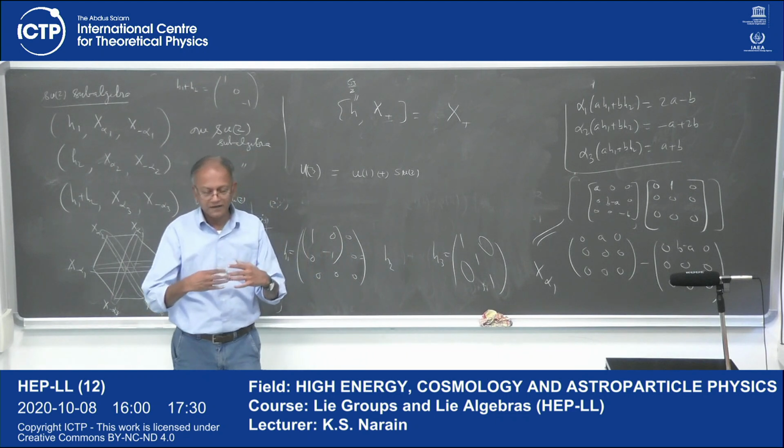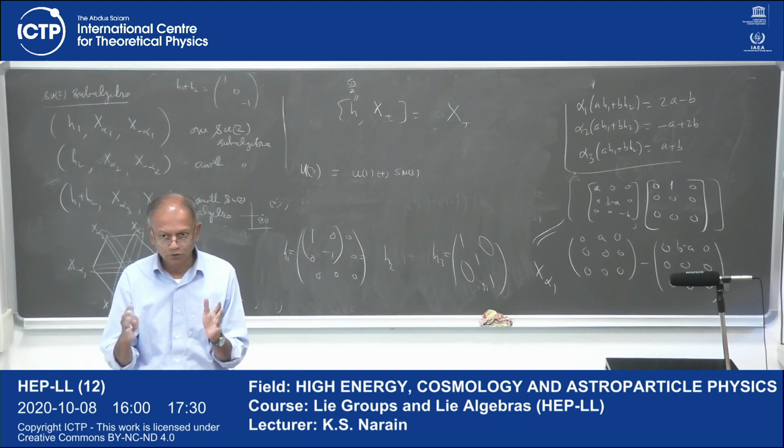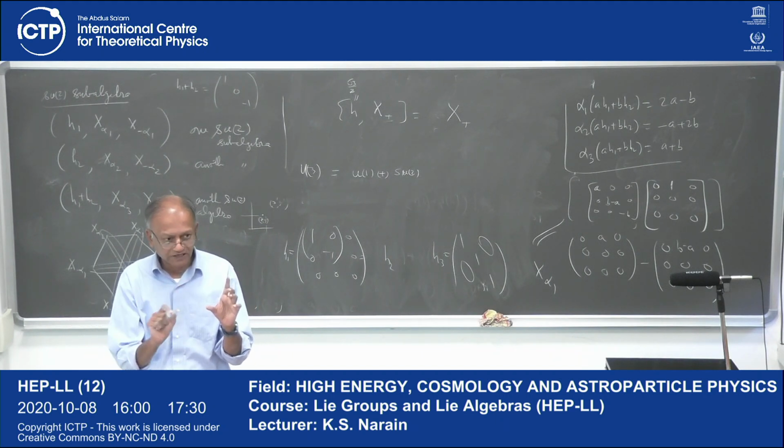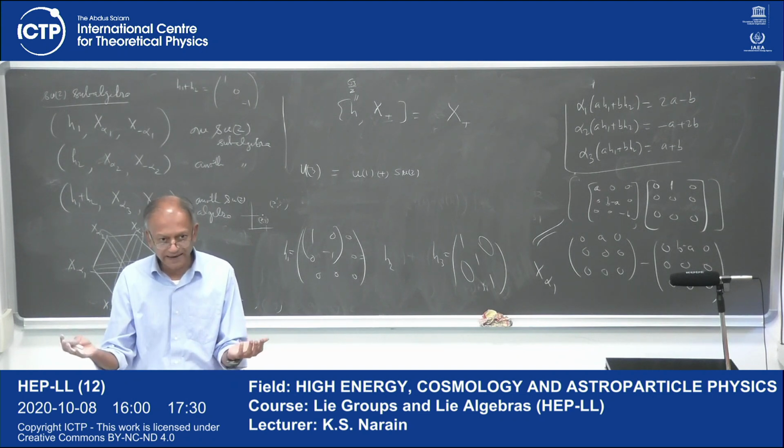A direct sum is the analog of the direct product of groups that I defined to you. When you look at the infinitesimal version of it, that translates into direct sums of Lie algebras.